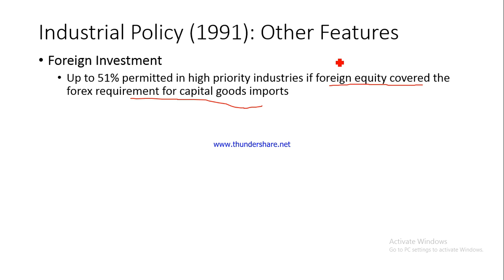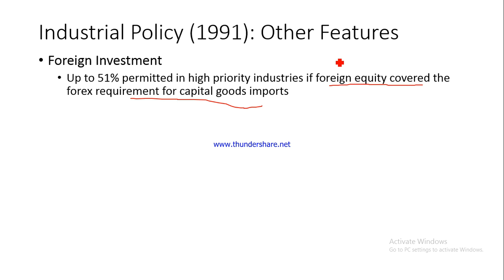So the whole idea behind this particular provision was to ensure that in high priority industries we receive some investment, plus we also wanted that our forex reserves should be safe.